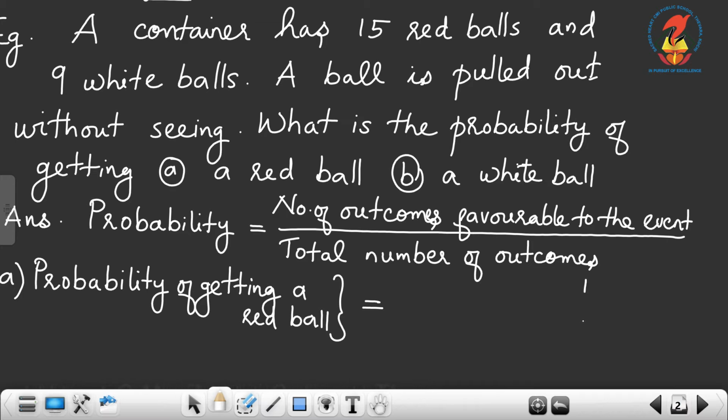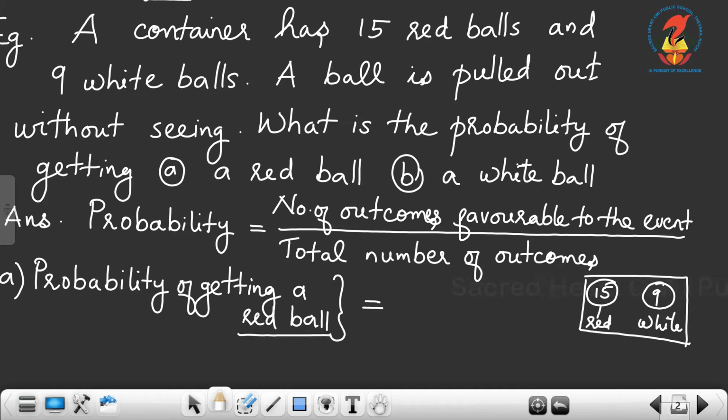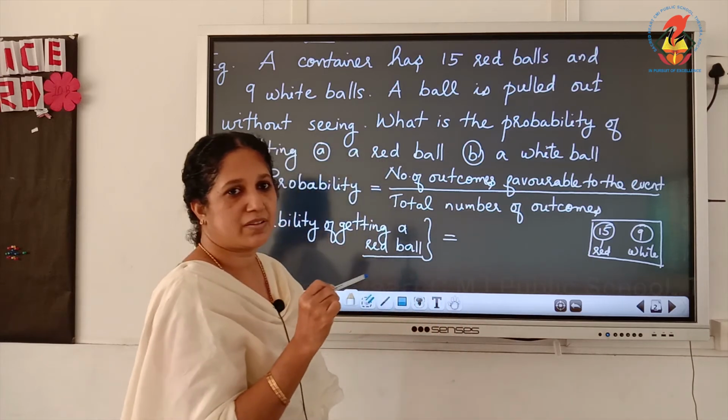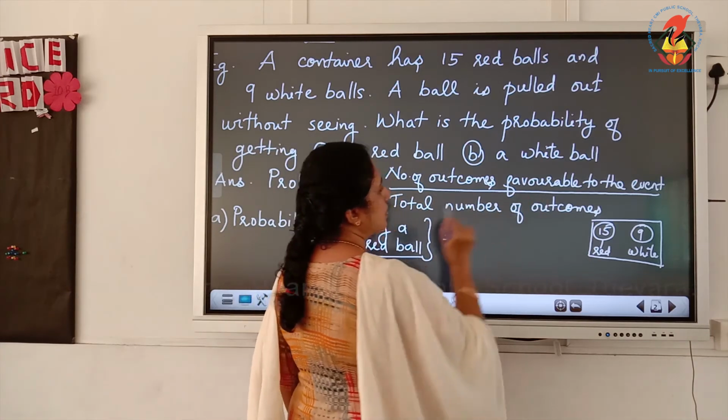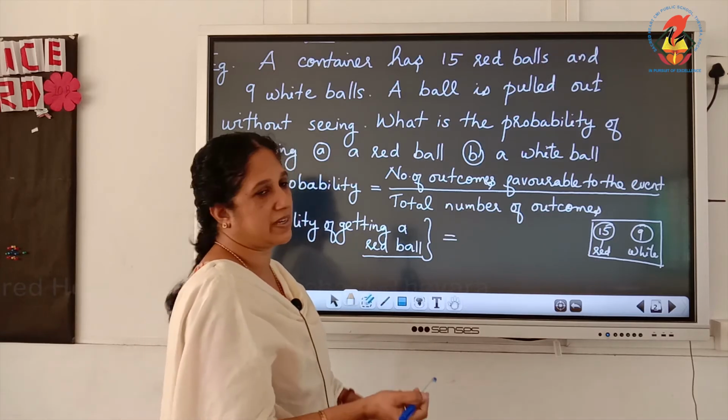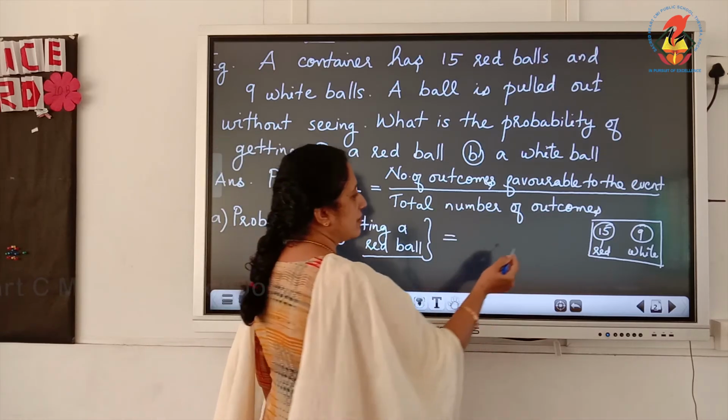Now, in the container, you can see that there are 15 red balls and 9 white balls. Here we want to find out the probability of getting a red ball. How many red balls are there here? 15. So the number of outcomes favorable to the event, the meaning is the number of red balls.